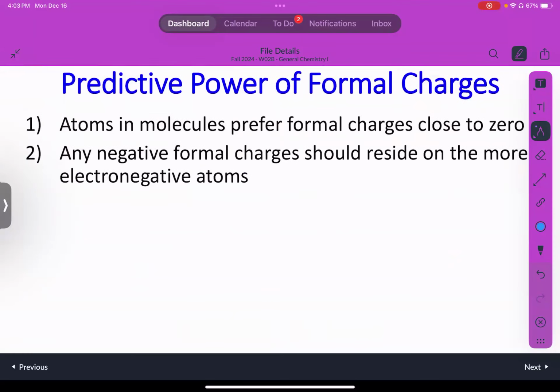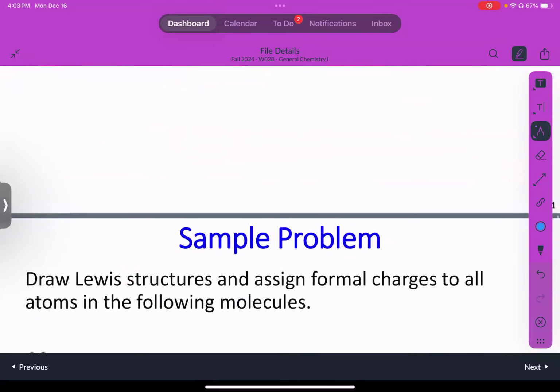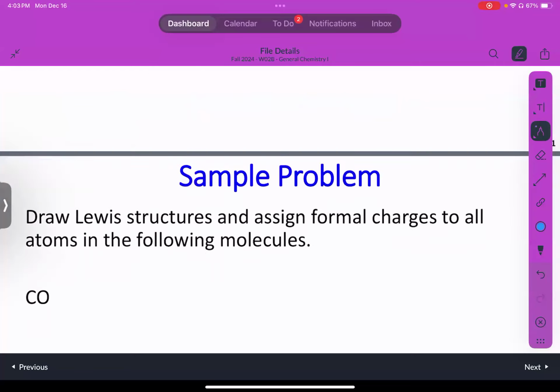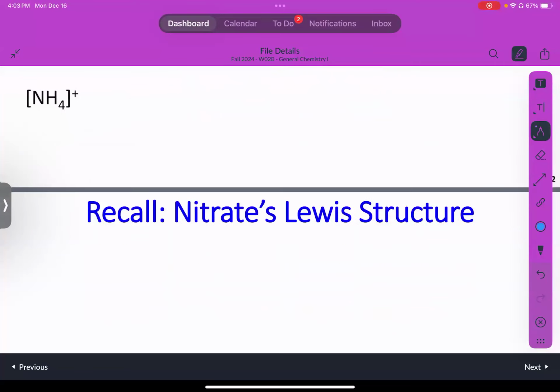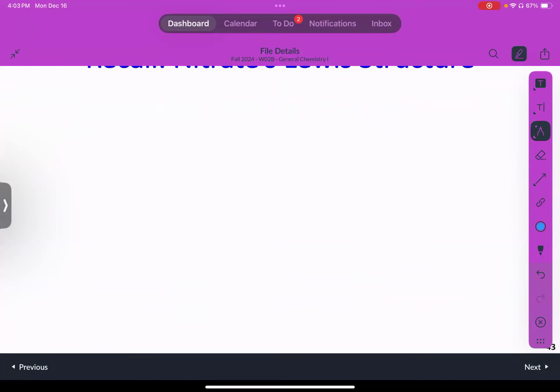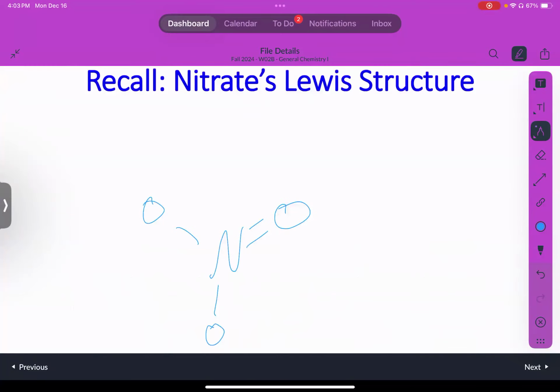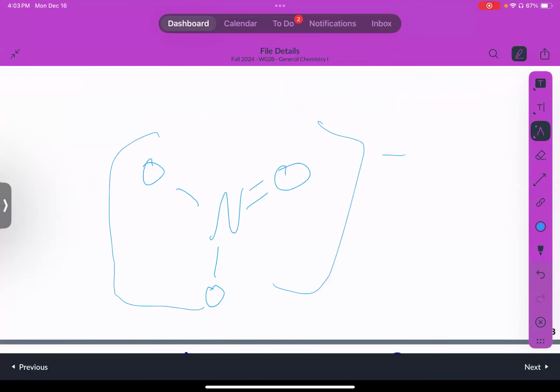Formal charge is really good because it can find the most favorable resonance structure. Nitrate is not really the best example of formal charge's predictive power, but we all went over this example of how this forms a -1 charge and has resonance, with the electron moving from there to there.